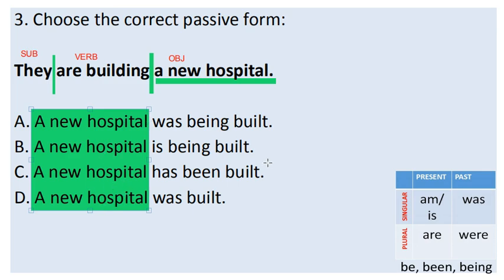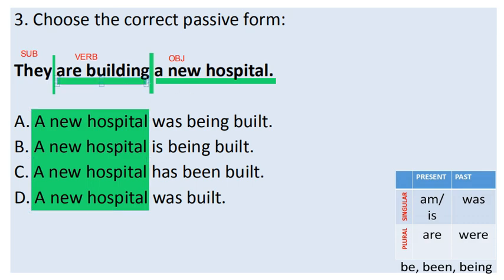For us to get the passive verb, we check whether our new subject is singular or plural. Our new subject, which is a new hospital, is singular because it is just one hospital. Then we check the verb in the given sentence, are building. Is it past tense or present tense?